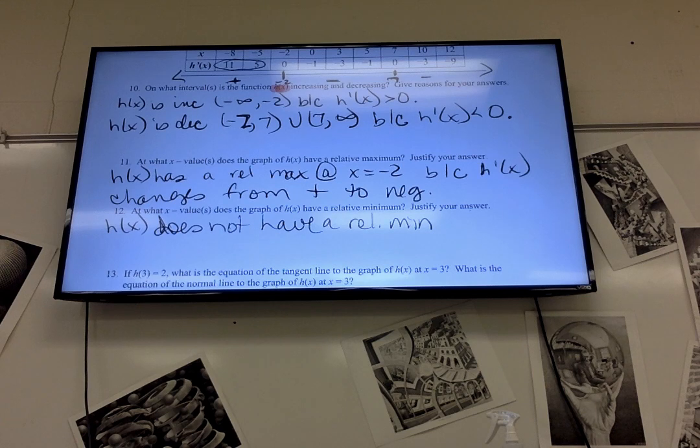Can I just write no relative min? Well, you have to give the because. It does not exist because h prime of x never changes from negative to positive.